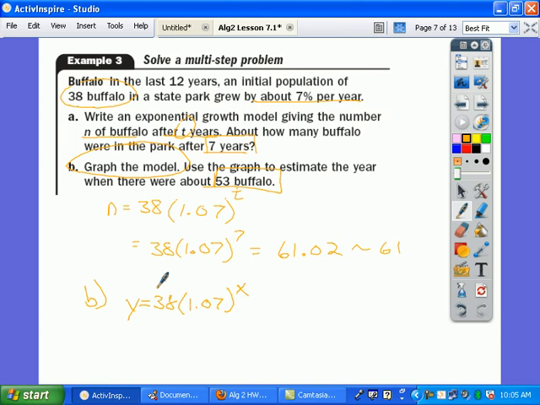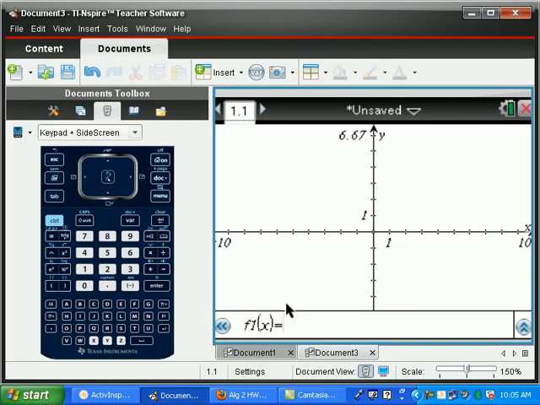All right, so here we go. y equals, so we come to our calculator, 38 times 1.07 to the x power. I don't see the graph anywhere. That's because it's off the screen. I'm also going to graph another equation for our 53 buffalo, y equals 53.